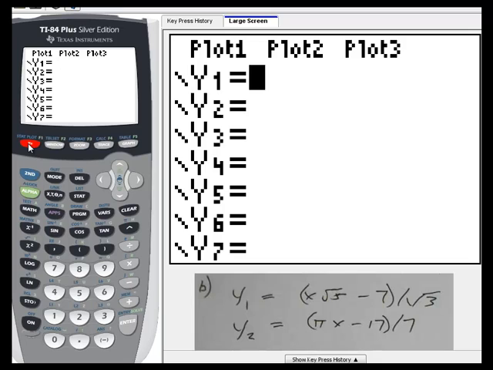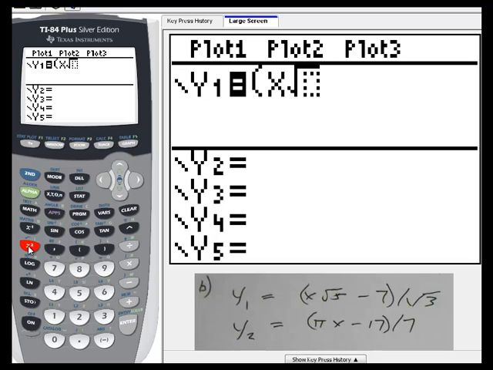In y1, we can put our formulation. That is parenthesis x square root of 5. Now to put an end to that square root sign, we navigate forward like so. There.